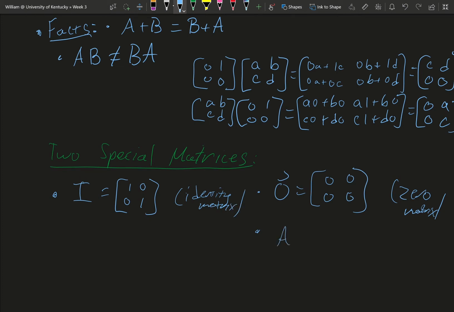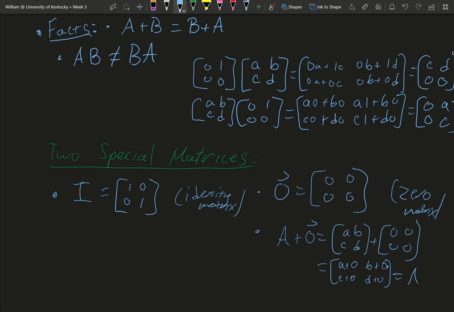So if I have A and I add the 0 matrix to it, A here being A, B, C, D, then I'm adding A plus 0, B plus 0, C plus 0, D plus 0, and no entries change.